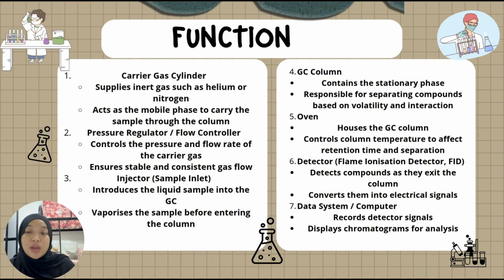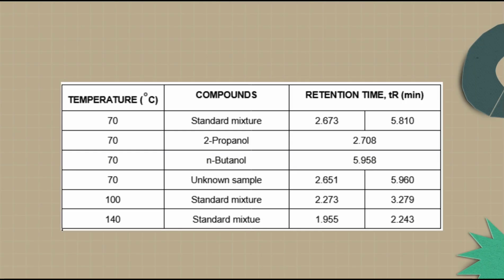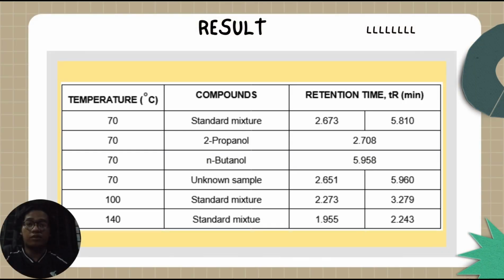And number 6, we have a detector, the flame ionization detector, FID, which detects compounds as they exit the column and then converts them into an electrical signal. And the last one, we have a data system, or we can call it the computer, which records detector signals and displays the chromatogram for analysis.